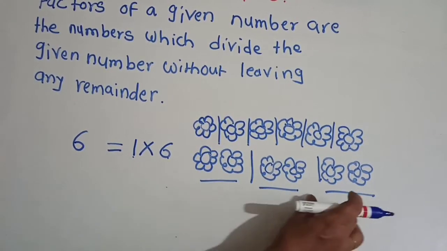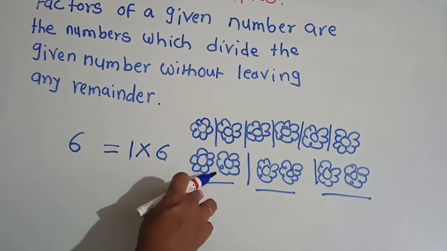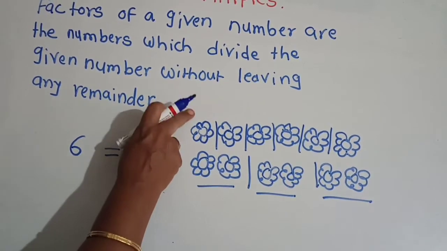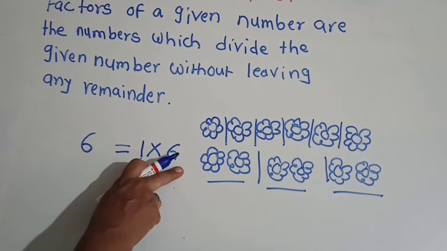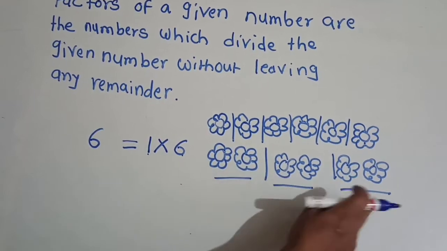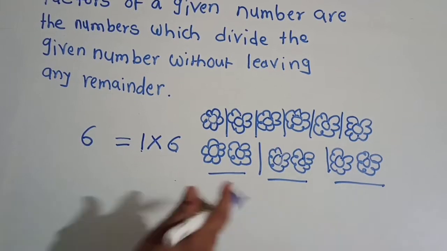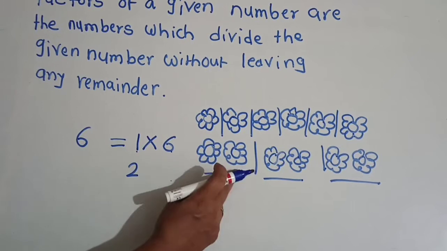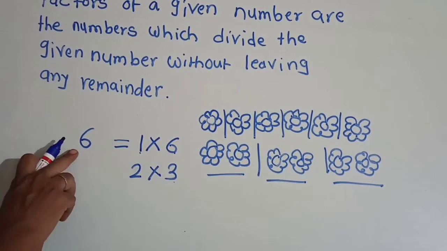Means we divide these flowers in 3 groups with 2 flowers each, and there is nothing remaining. So 2 threes are 6.